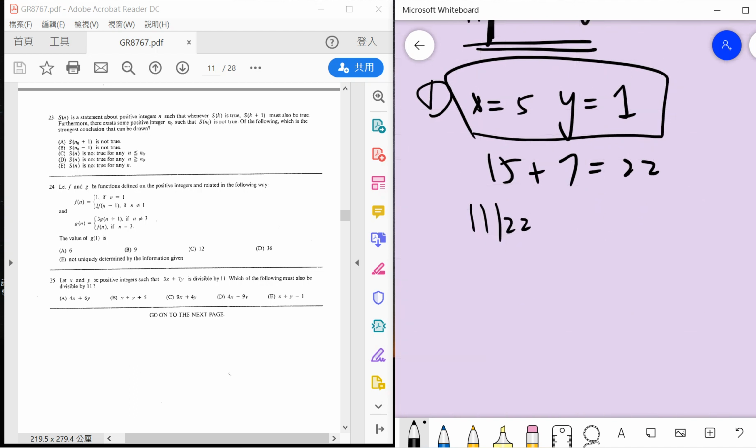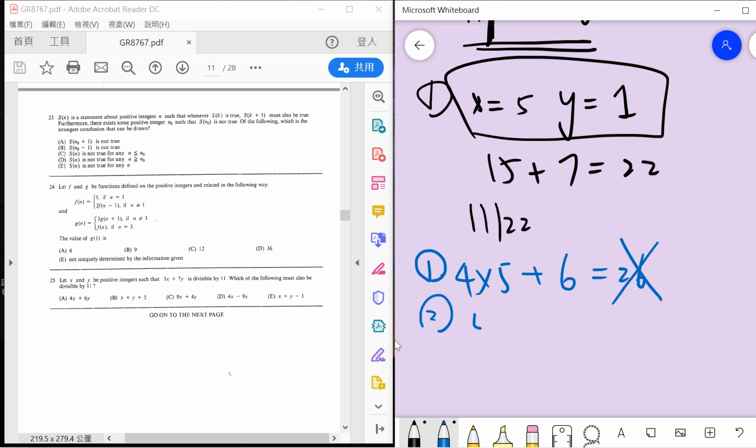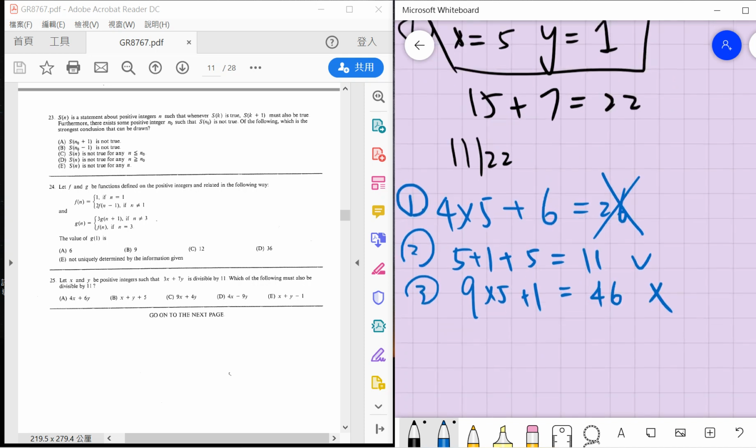So it's 4 times 5 plus 6. This is 26. It's not okay. And 5 times 1 times 5 is 11. It looks okay. 9 times 5 plus 1 is 46. Not okay.